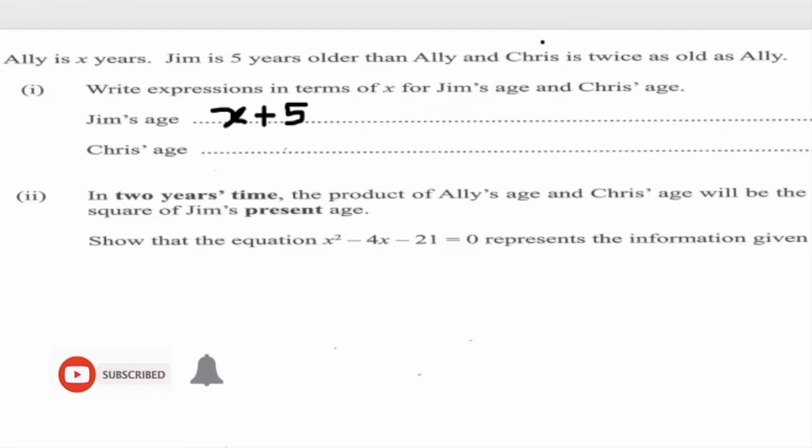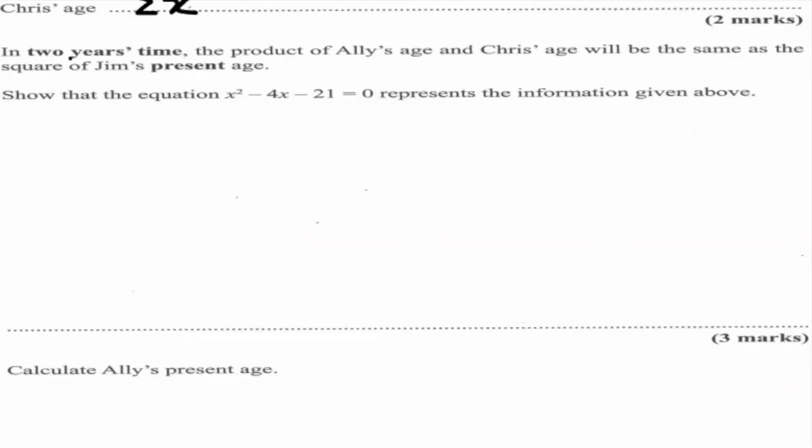Chris' age, since they say twice means double, then Chris' age will be 2 times x. So if Ali is 10 years old, then Chris will be 2 times 10, which is 20, and 20 is twice 10.